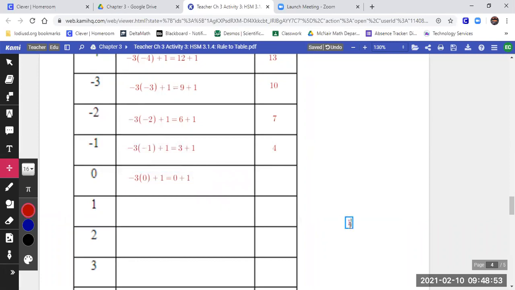How about the next row? What's the next row? What am I going to put in for the first piece? Don't do past the equal sign. Just do the first part leading up to the equal sign.